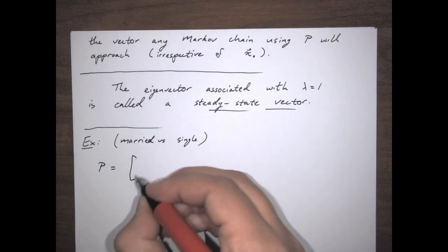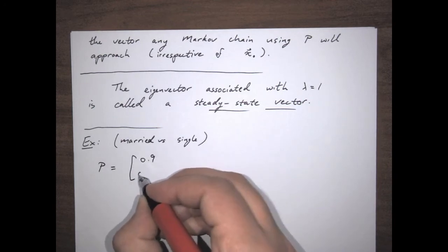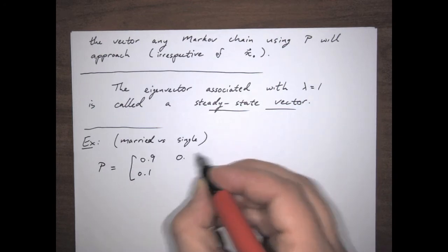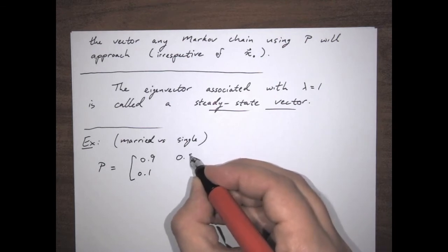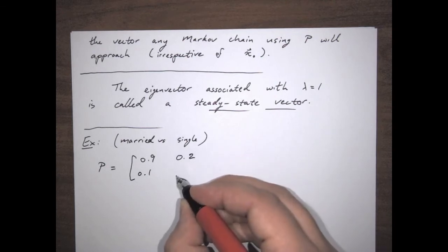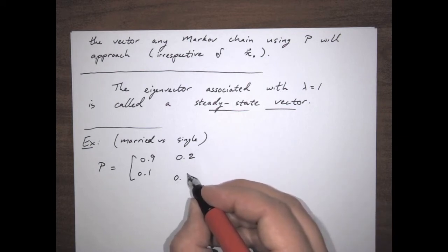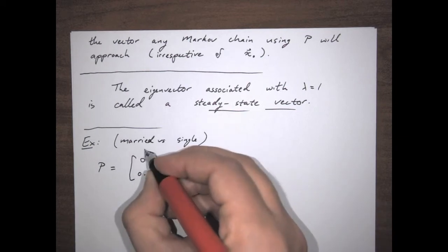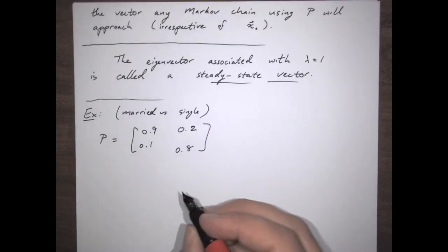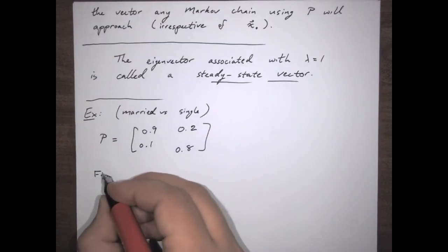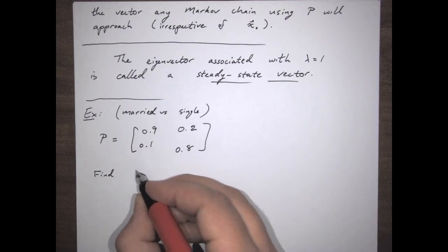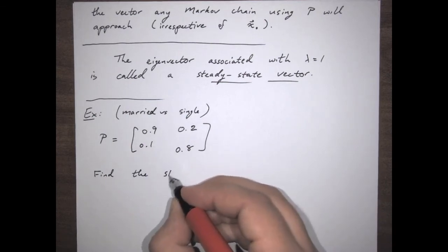So P, remember, was 0.9, 0.1, 0.2, 0.8. And then the question is, find the steady state vector.